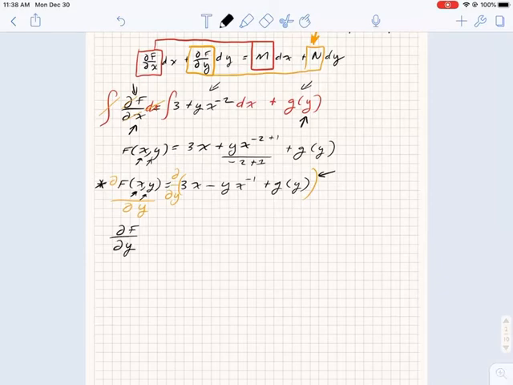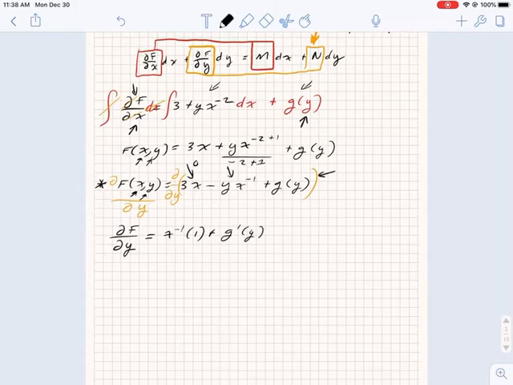So we know that the partial derivative of F with respect to y is equal to, now we're taking a derivative with respect to y, so x is a constant, so that's 0. And over here we're taking the derivative with respect to y, so x to the minus 1 is constant, and the derivative of y is just 1.